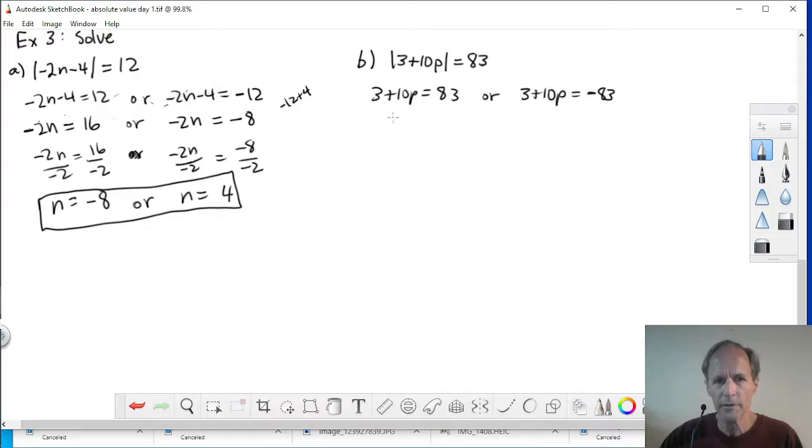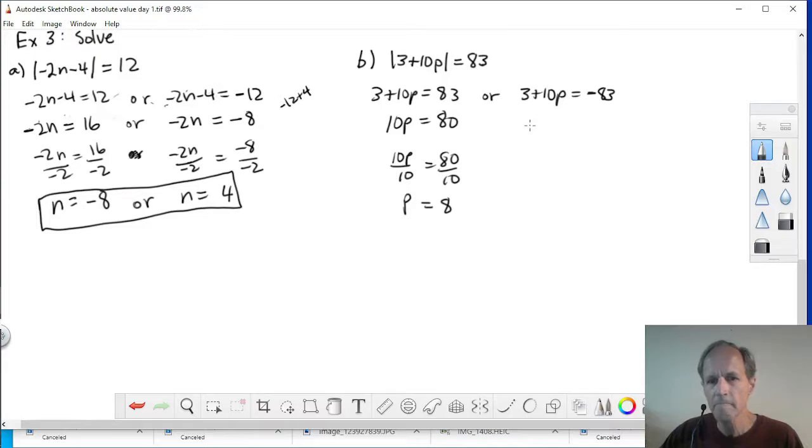Solve them both. Subtract 3 from both sides. Over here it's 10p. Over here it's 80. Then divide both sides by 10. P equals 8.